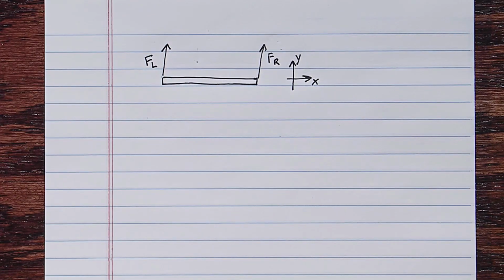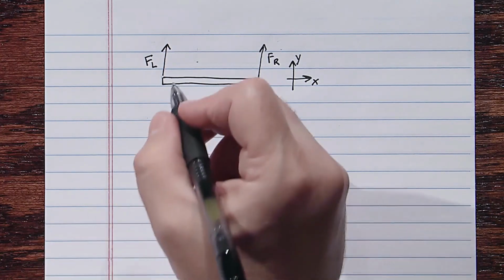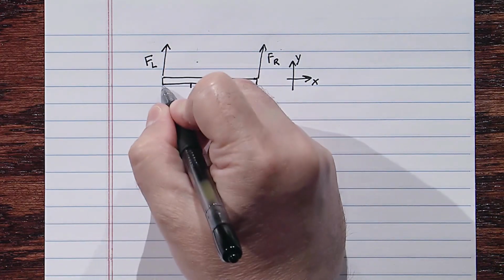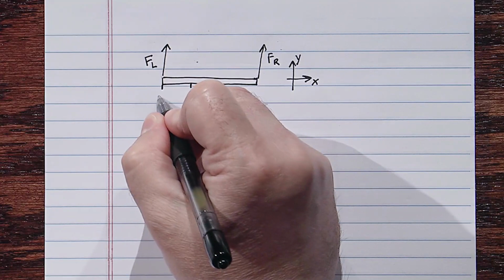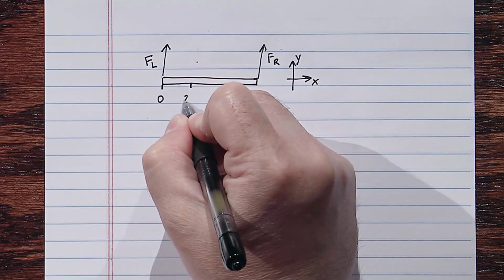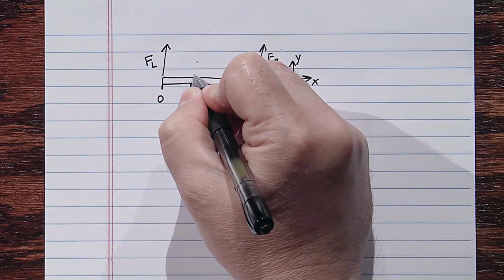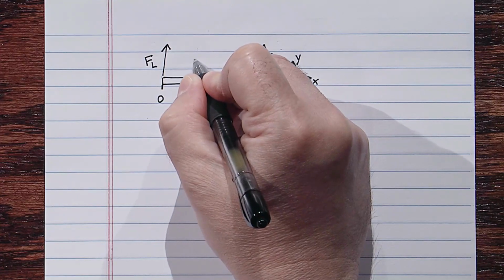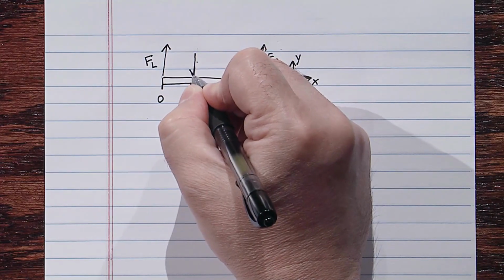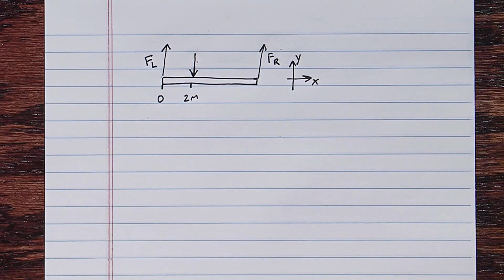We have the painter standing on the platform. He is standing 2 meters from the left end. So if I call this 0 and this 2 meters, then the painter is standing on the platform and he is exerting a force on the platform equal to his weight.